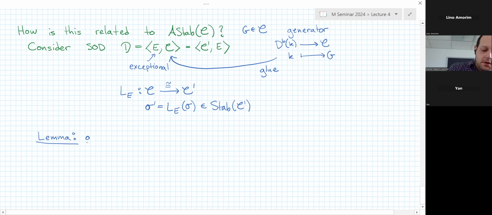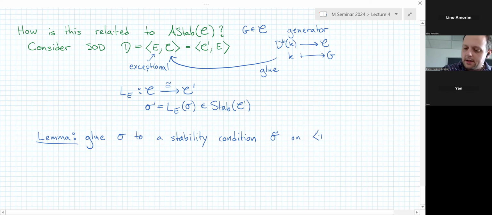So I can glue sigma to a sort of trivial stability condition on D. Basically, if you just declare that E is semistable and the phase of E is very, very negative, you get one stability condition. I'll call that sigma tilde on D.